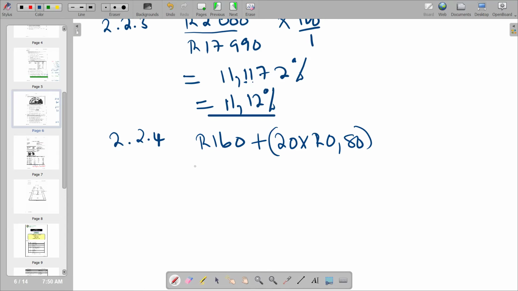So calculate together, it becomes 160, and then we have got 0.8 times 20. We can just try to verify that calculation.